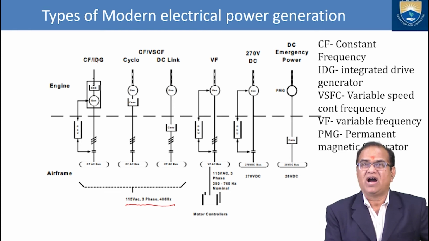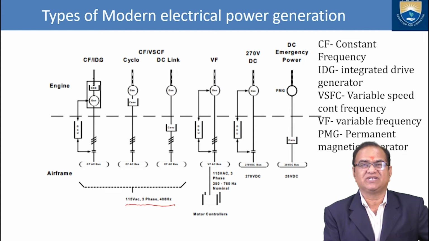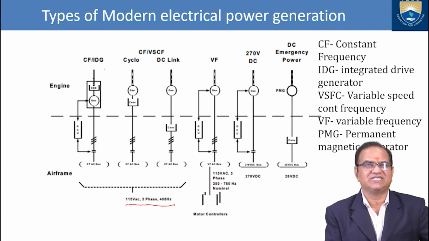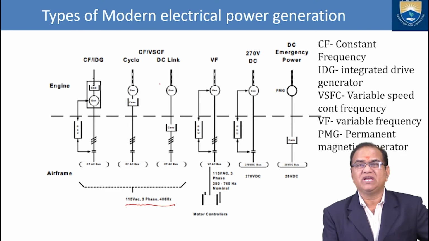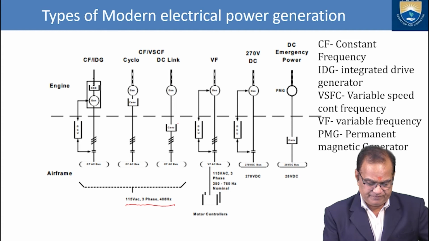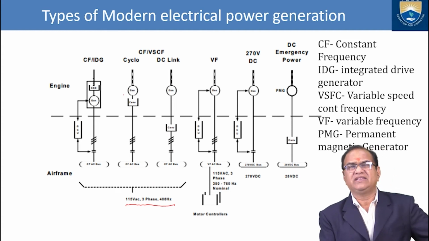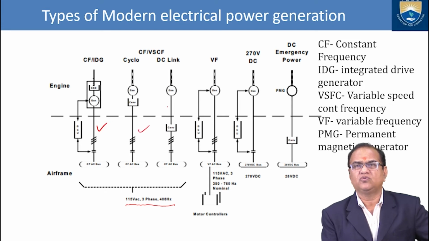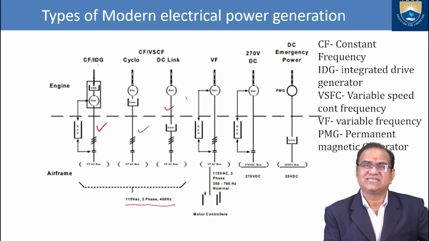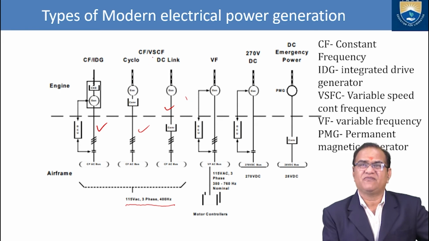In this, the IDG, integrated drive generator, is fixed with the generator, but here the shaft will be moving and the shaft will change its speed. In this way we have these three types: the CF IDG, the CF VSCF cyclo converter, and the CF VSCF DC link.